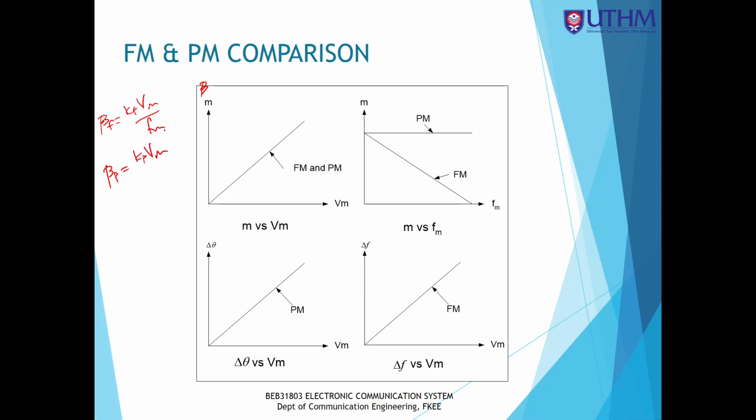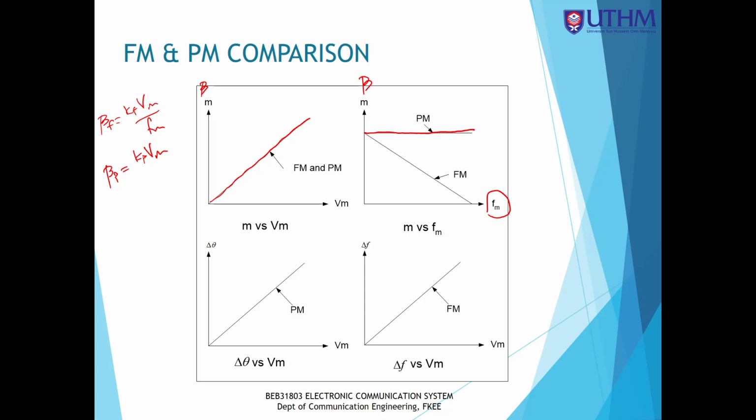So both modulation indices are proportional to the modulating signal voltage. The higher the Vm, the higher the modulation index. For the next graph, beta versus modulating signal frequency: for PM, the modulation index does not depend on the frequency.